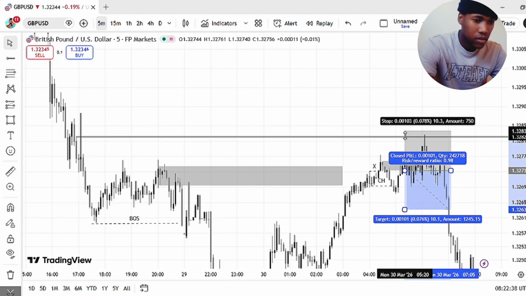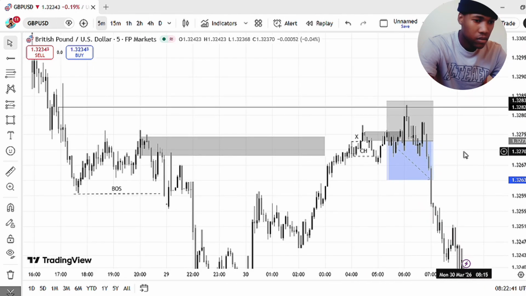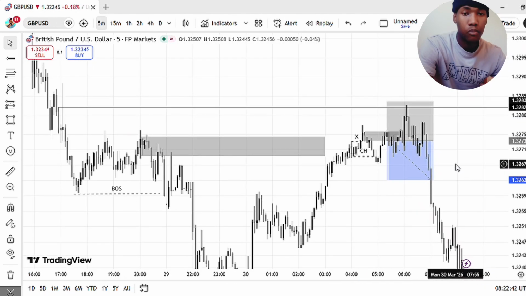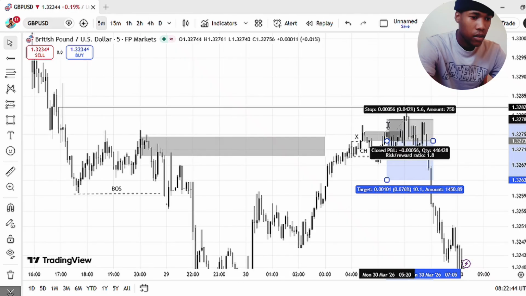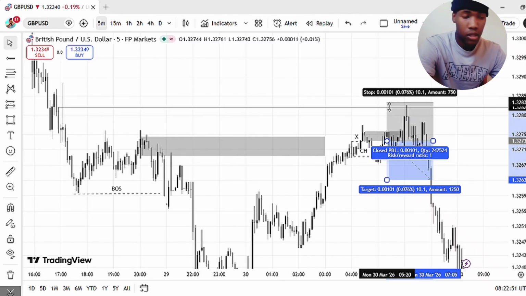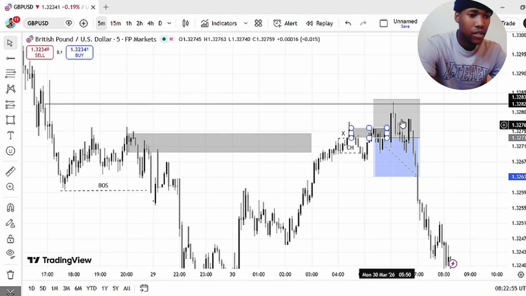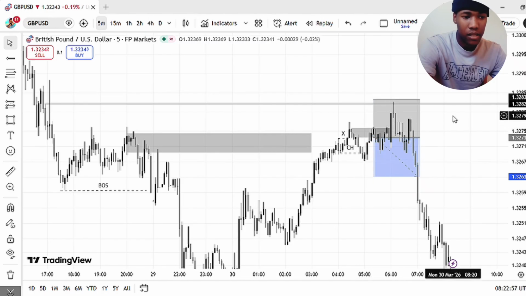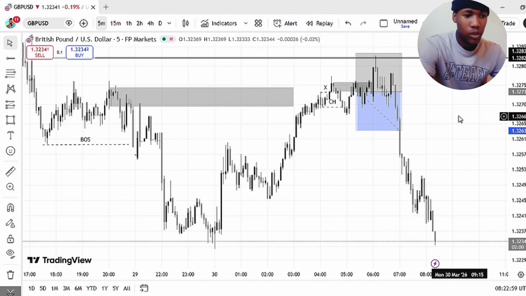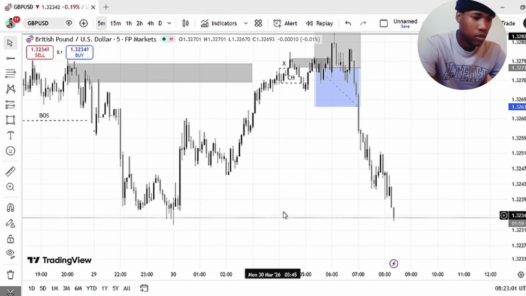You need to give the market a breathing room, okay? Because if I had placed my stop loss all the way up here, the market would have taken me out. I didn't know that the market was going to consolidate a lot there, but I just wanted to give the market a breathing room.